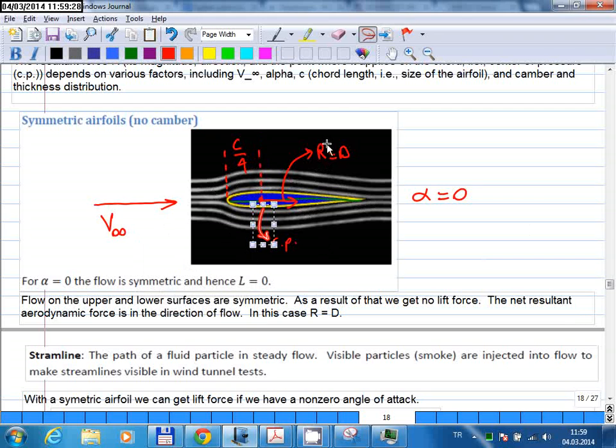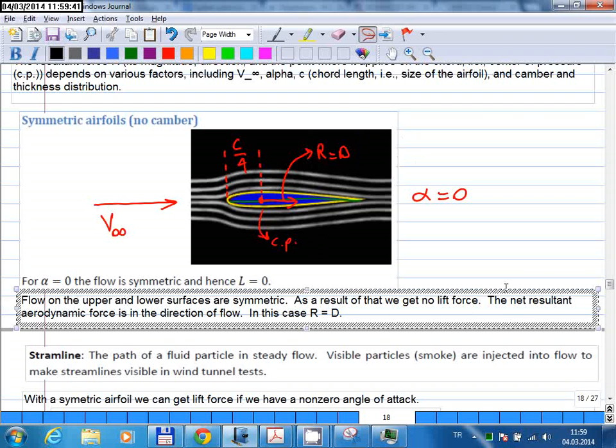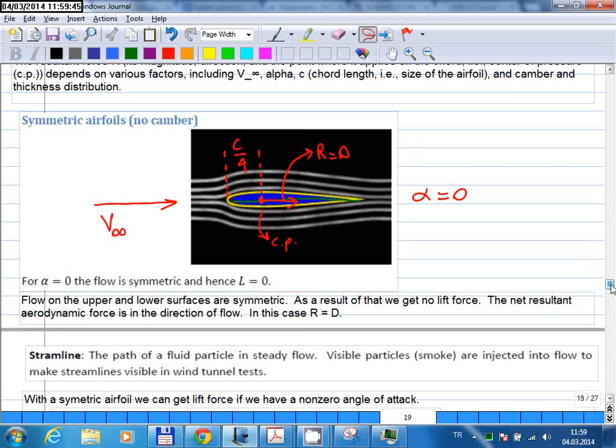So lift is going to be equal to 0. And the entire resultant aerodynamic force becomes your drag force. So can everybody see why there will still be a drag force even though the lift force is 0?